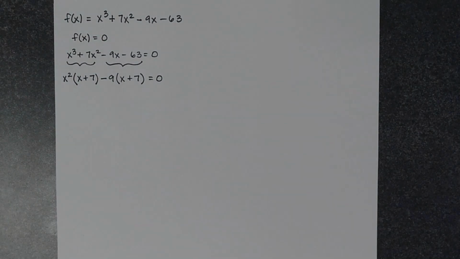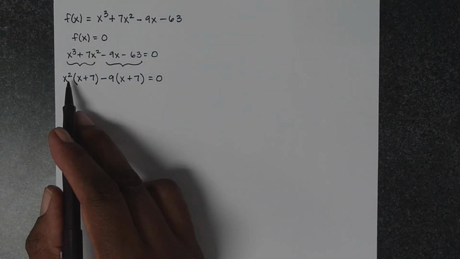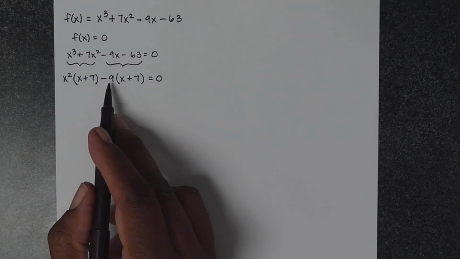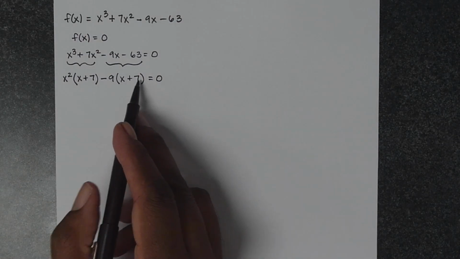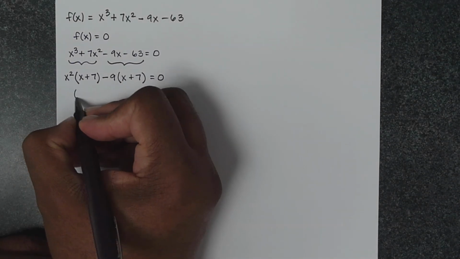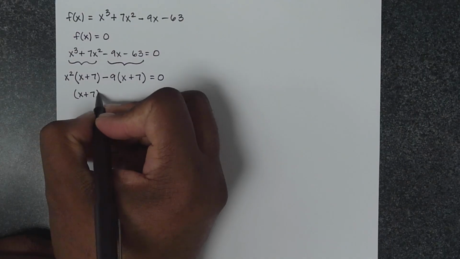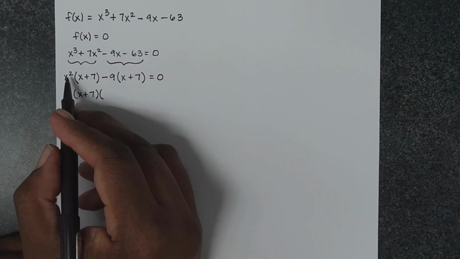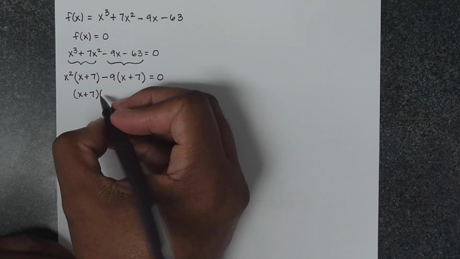You can always check by distributing the x squared over the x plus 7 and also distributing the minus 9 over the x plus 7. You should get this back. All right, so it's obvious that the common factor here is x plus 7. If I factor that out, the other factor has to be x squared minus 9.